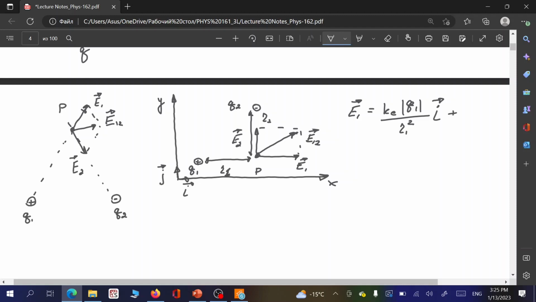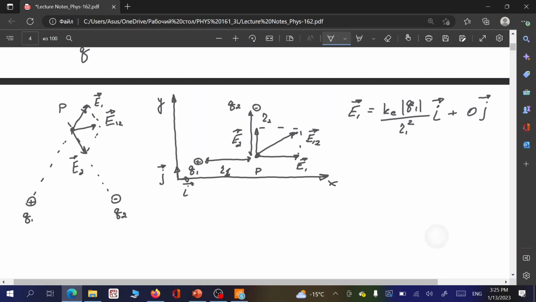And then we have a second component of this vector, but that will be 0 times the J unit vector, because the electric field vector at point P created by electric charge Q1 will be oriented parallel to axis x, so its projection on axis y is equal to 0.